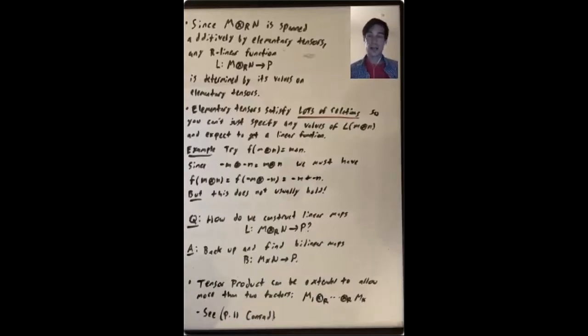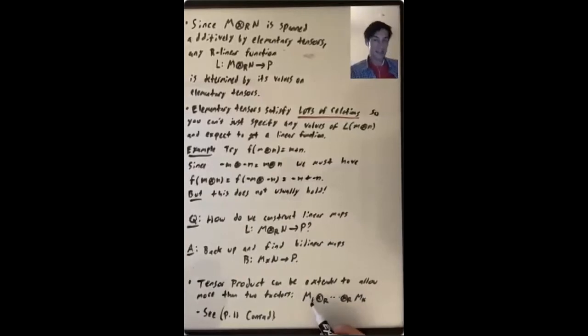So at this point, I just want to point something out that we're not going to focus on here, but you should be aware of, which is we've been talking all about the tensor product of two R modules, but you can completely analogously define the tensor product of a finite collection of R modules. You can just extend these definitions to allow more than two factors.